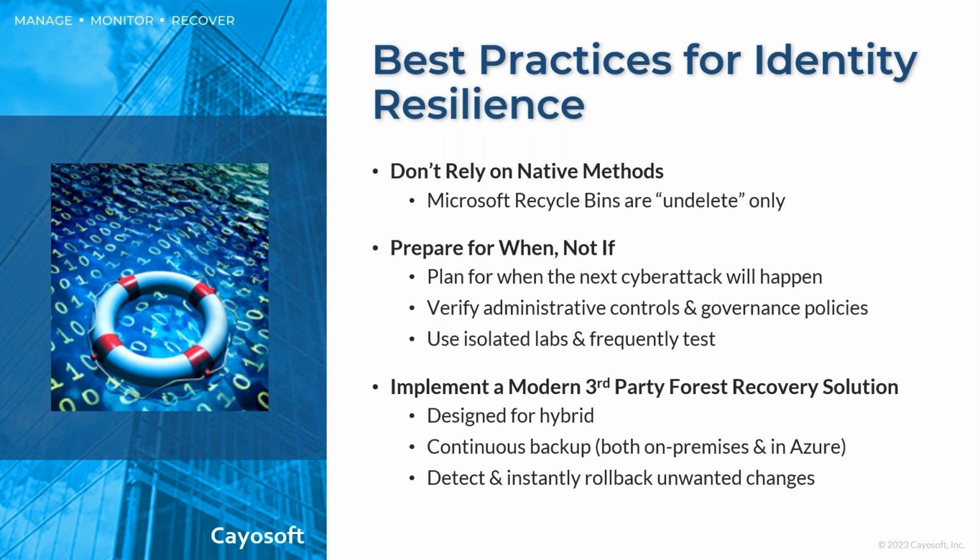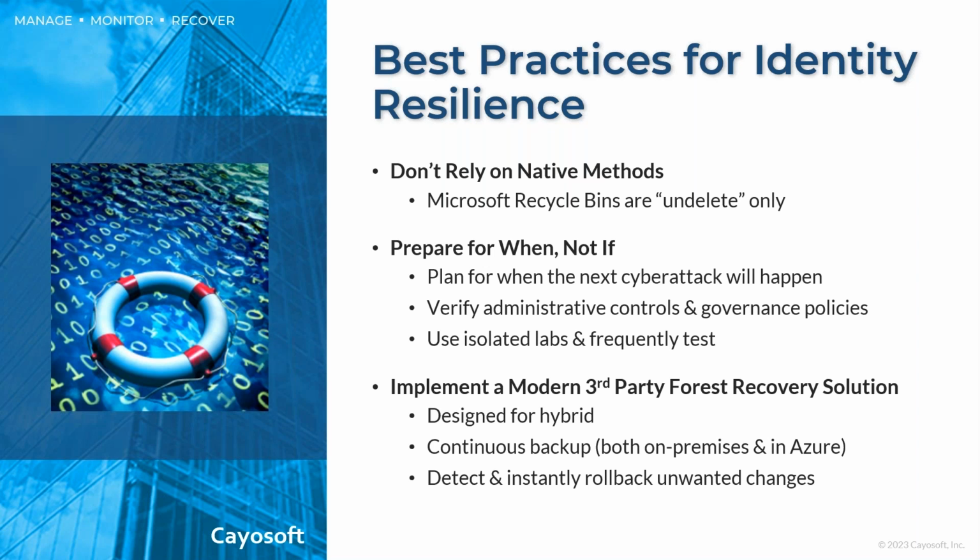Plan for when the next cyber attack is going to happen, how you're going to defend against it, identify the threats it poses or threats that might be exploited, and verify your administrative controls. Use that least privilege principle. That's important. Zero trust does cover a portion of that.